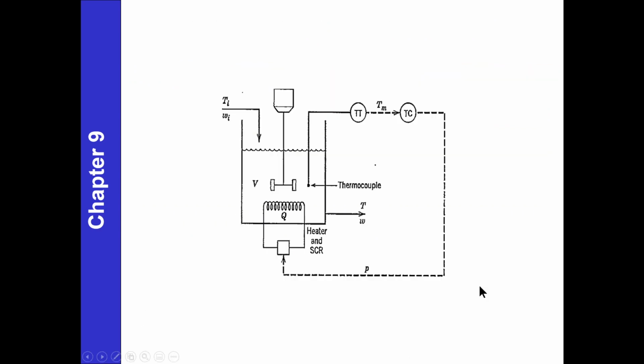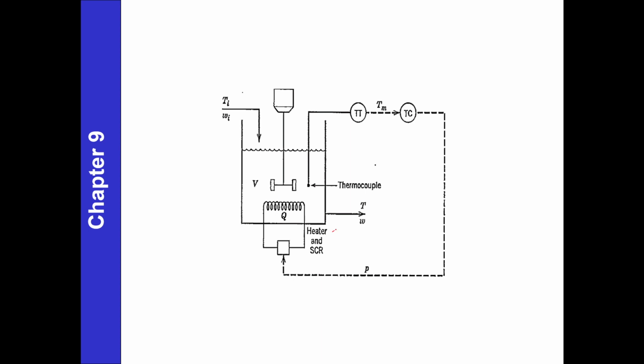So this is one of the examples. It's different from your previous one. The previous one only had a blending process, but here we have a heating process. How do I know it is a heating process? It basically has a heater here.